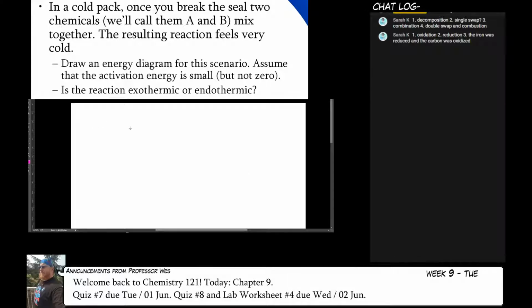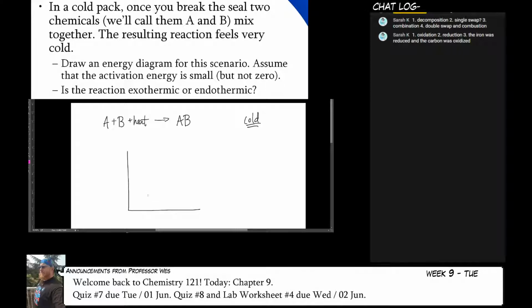So, if my reaction is I'm mixing A and B, and what I feel is cold as a result, that must mean that heat was absorbed. Because if it was hot, I would feel it, and the hot would go on the product's side. But if heat's being absorbed as a reactant, then what you'll feel is cold.